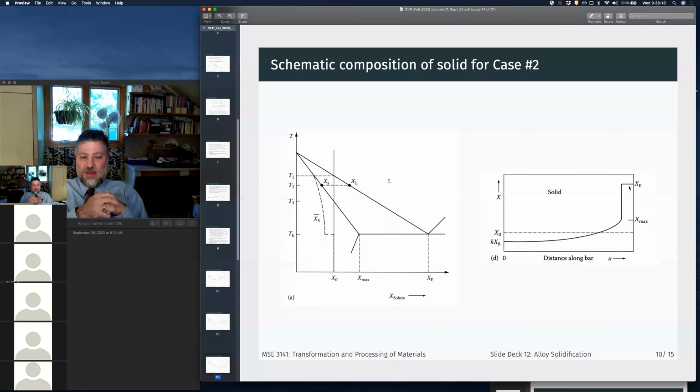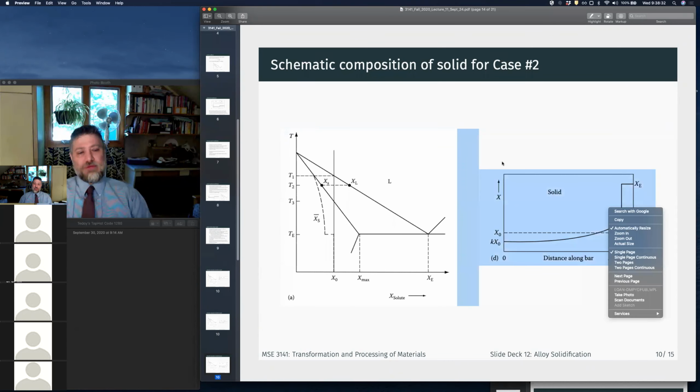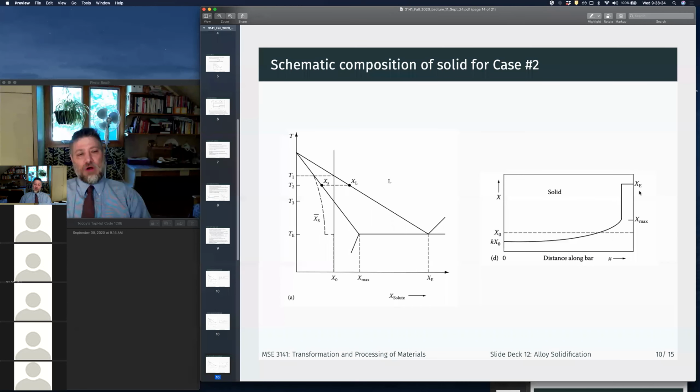So you're going to have compositional gradients across your heat affected zone due to diffusion and other things, but you're also going to have another composition gradient in your solidified region, right? This is also really important for functional material people, right?